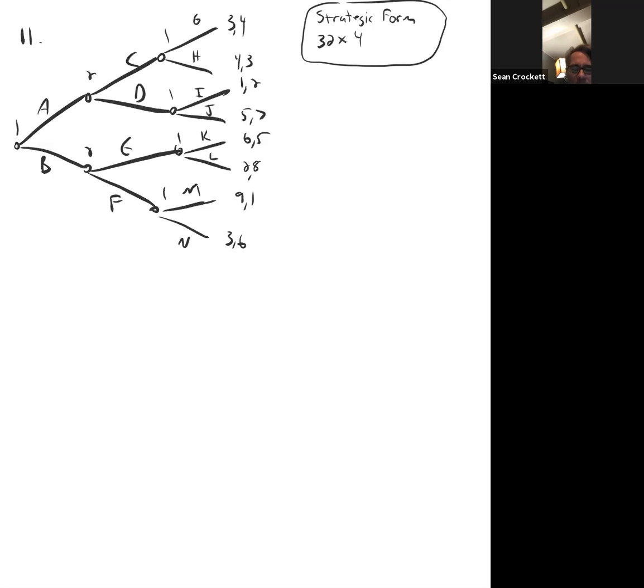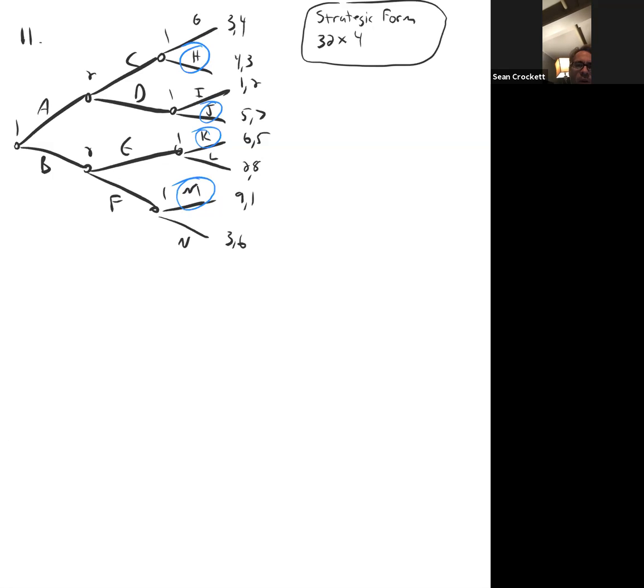Now for the subgame perfect equilibrium, player 1 is going to pick H here, J here, K here, M here, and those are unique.